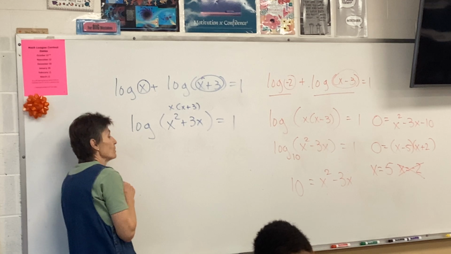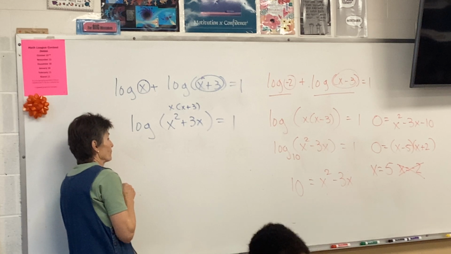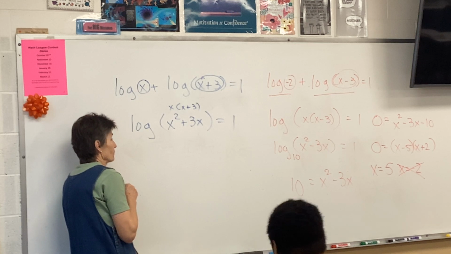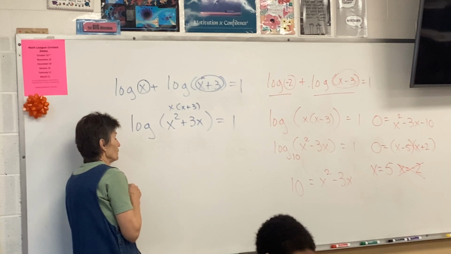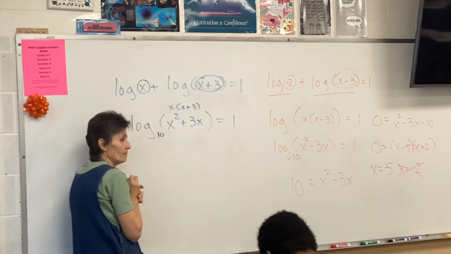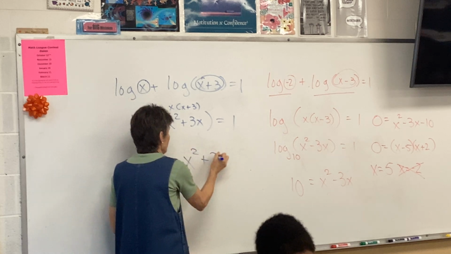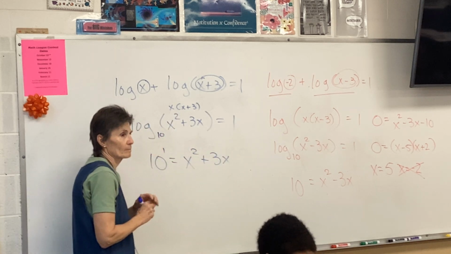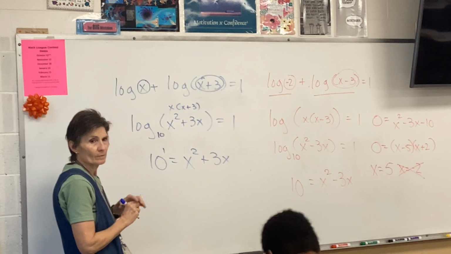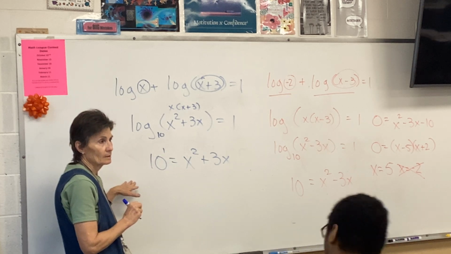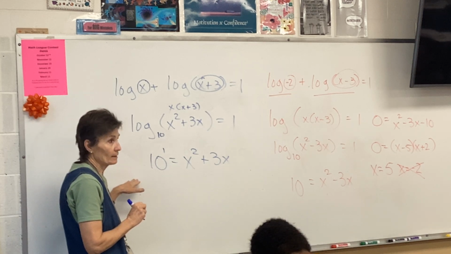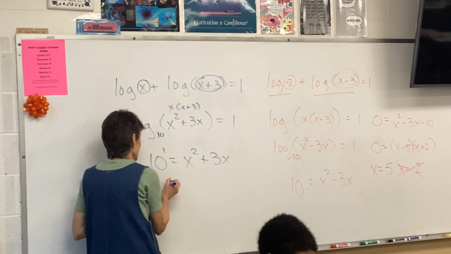Alright, so now what? Loop-de-loo with a base of 10. So 10 to the first equals x squared plus 3x. Right? Just like the last one. Now what? Subtract the 10.